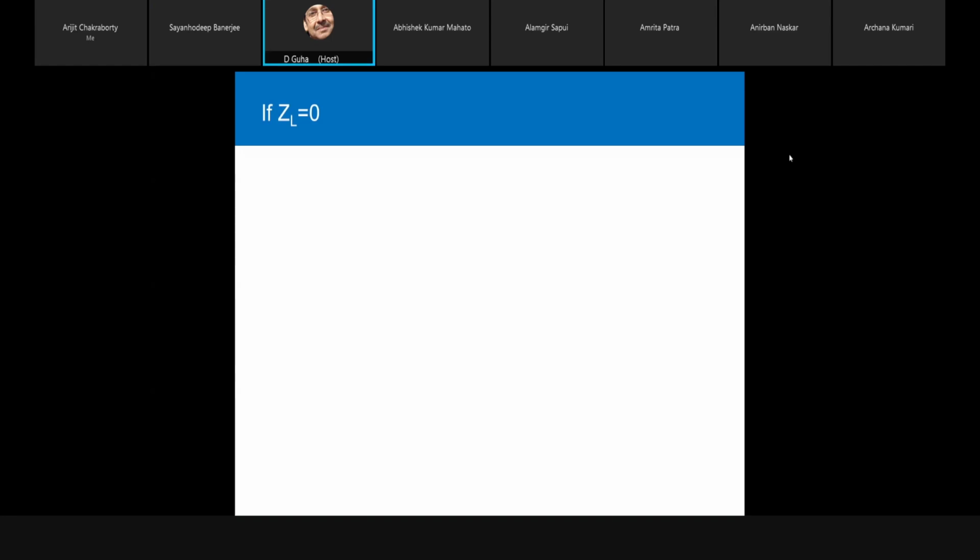Okay, Shandeep. What do you understand by ZL equal to 0? ZL equal to 0 means the load is shorted, the transmission line is shorted. Is it a very useful thing? No, sir.